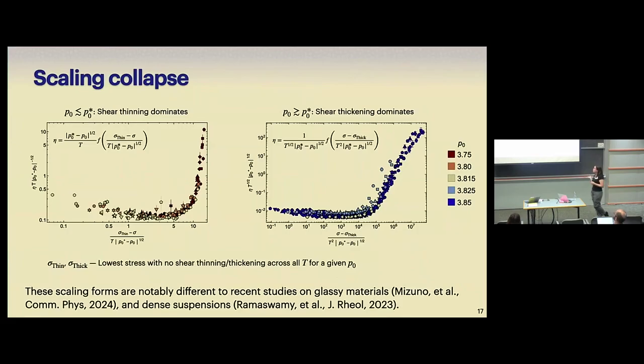But what we find is that we can get a pretty good scaling collapse of both the shear thinning and the shear thickening regimes. And so the collapse forms are not exactly the same in each regime, but they're of similar forms.